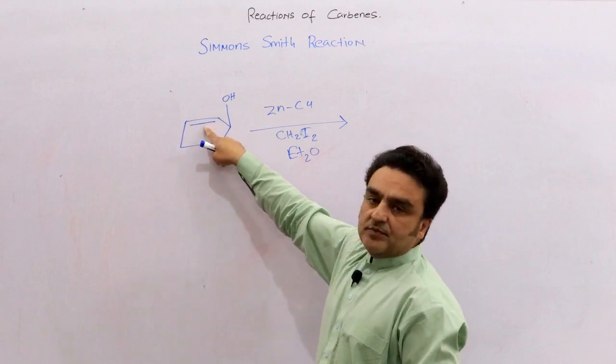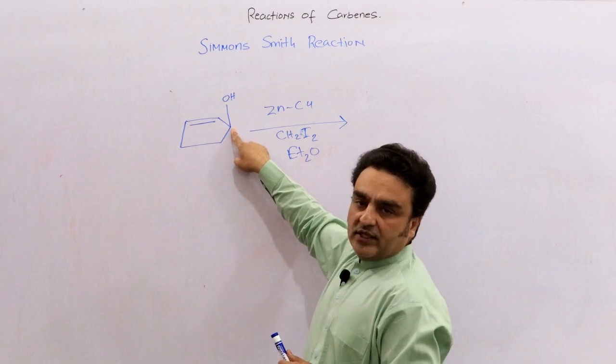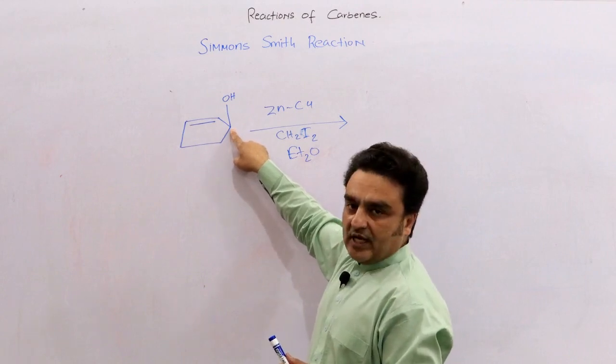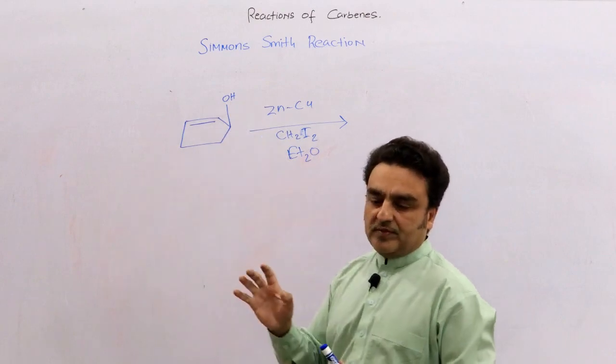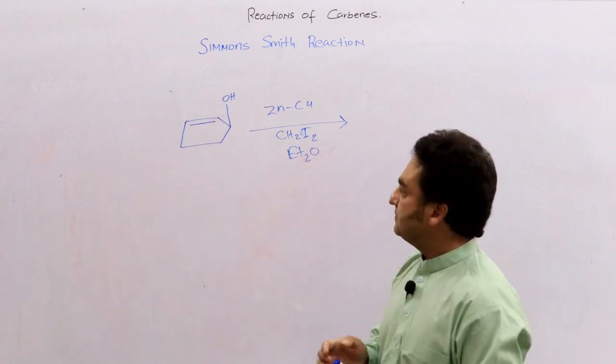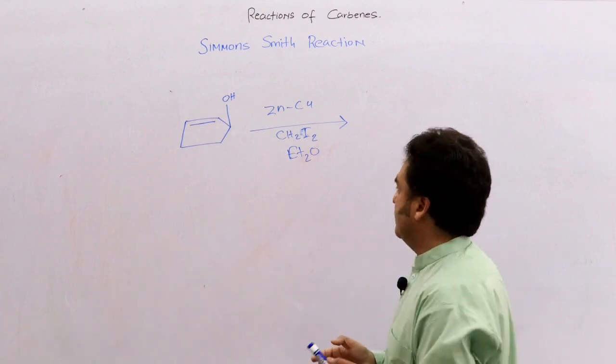The allylic position is the position adjacent to the double bond, the carbon adjacent to a double bond, and anything on it is called allylic. This is the allylic carbon, and this is the allylic OH hydroxy group.